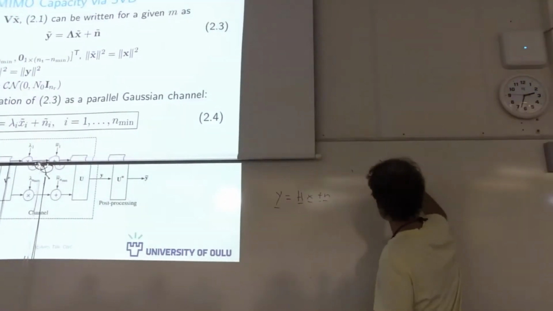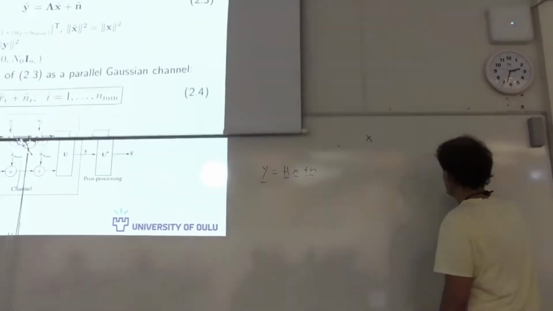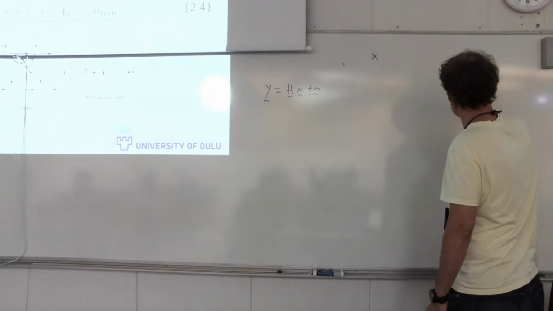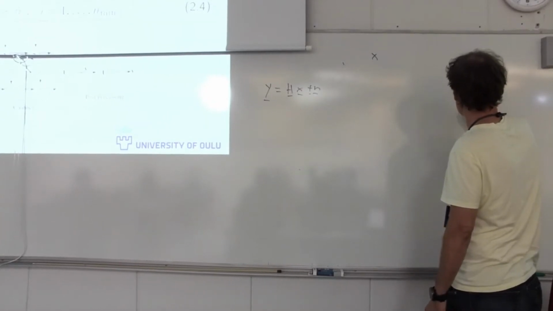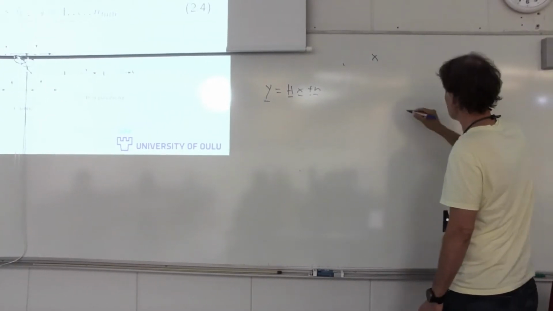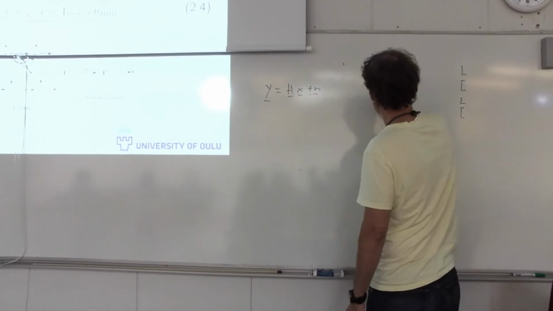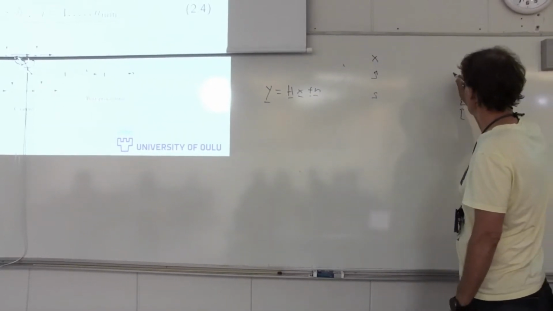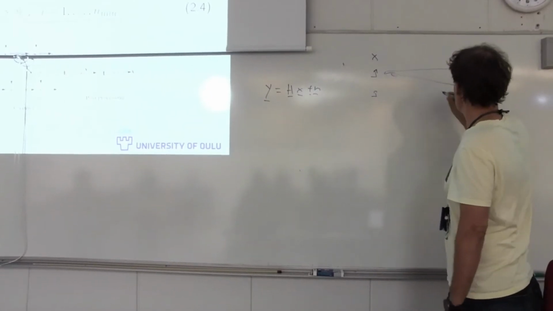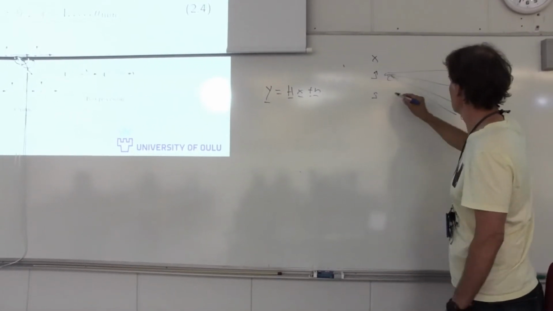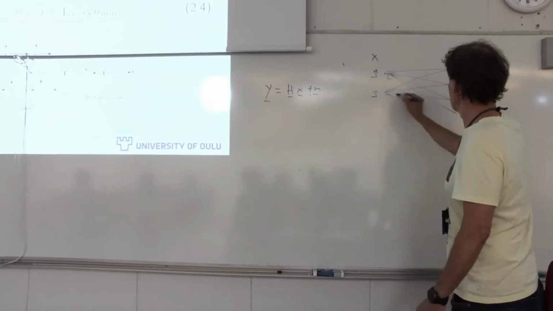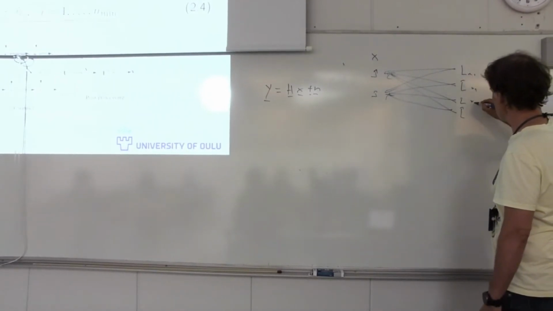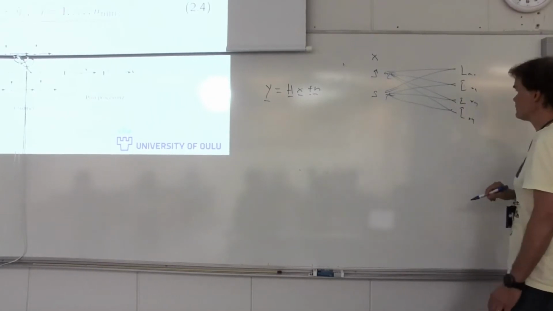Now we can define the transmitted signal. Previously, let's say we have 4 transmitters and 2 receivers, X1, X2, X3, X4.